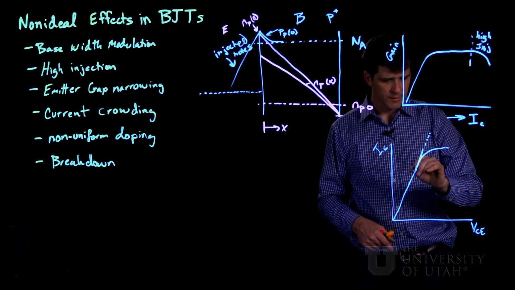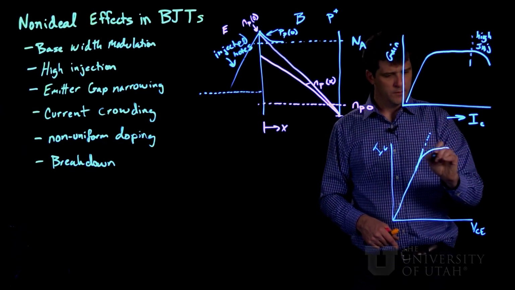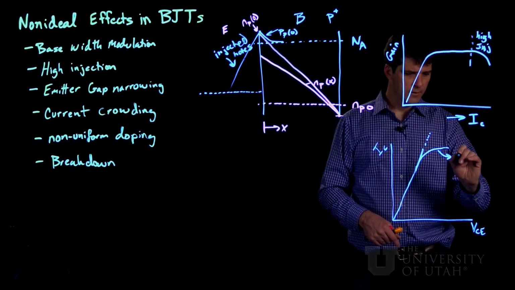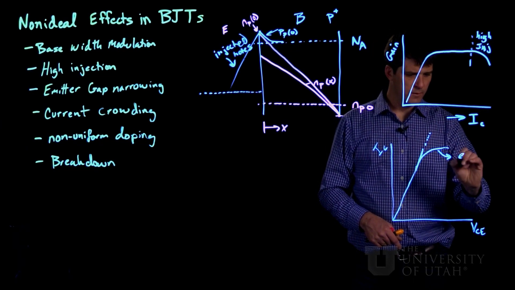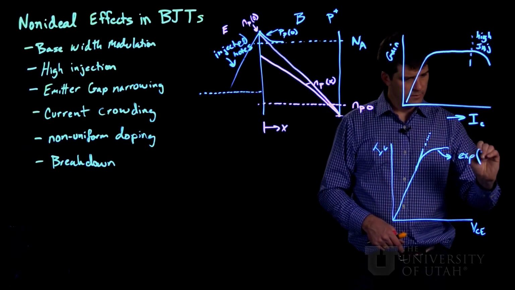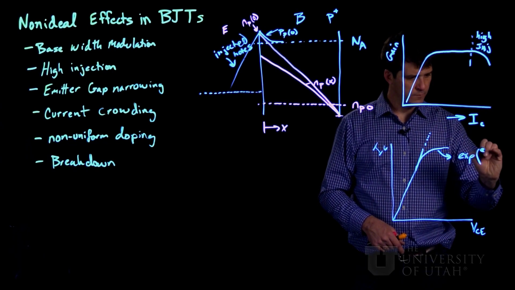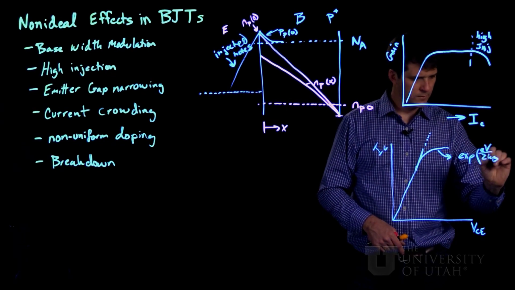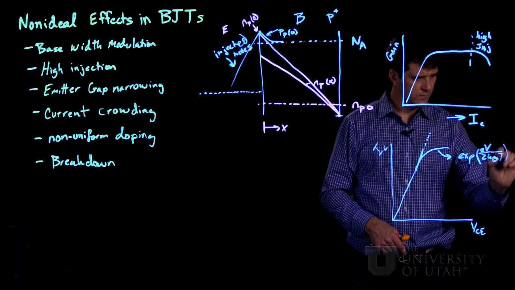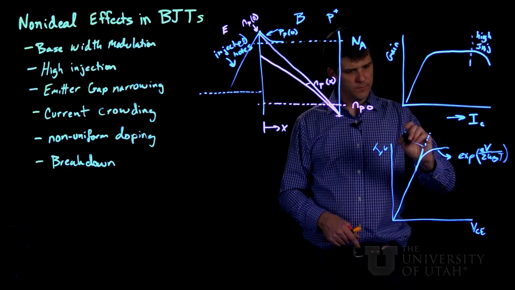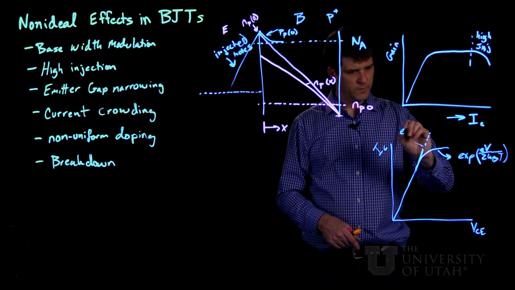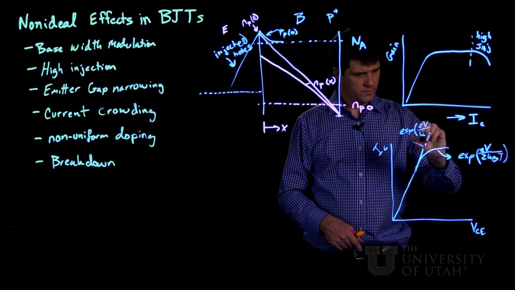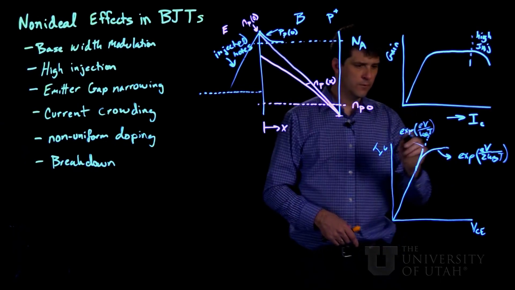We see the same thing here, and the dependence is going to start to asymptote to exp(qV/2kBT) instead of the exp(qV/kBT) which is followed at low injection.